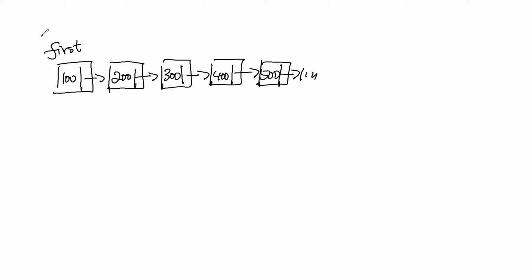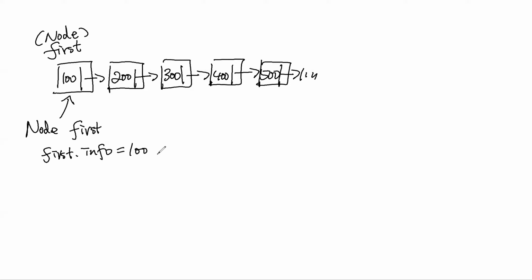So this is our first node. We already know the type is node. So it's a variable: node first points to this guy. And the first information part, we already know it's 100.